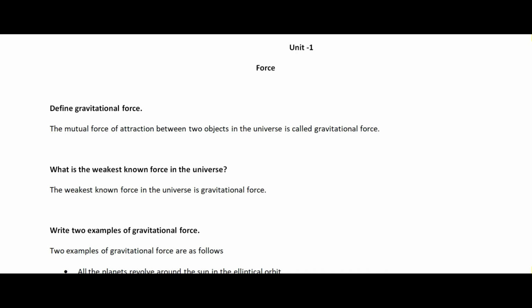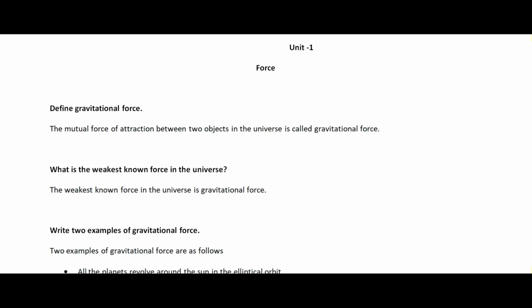Like it can be found between two planets. The force of attraction is there between two satellites. Such attraction is present between two stars. It is present between two galaxies as well.